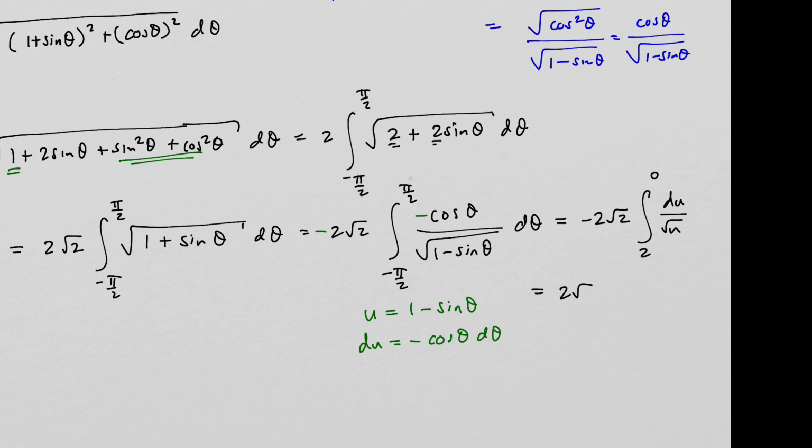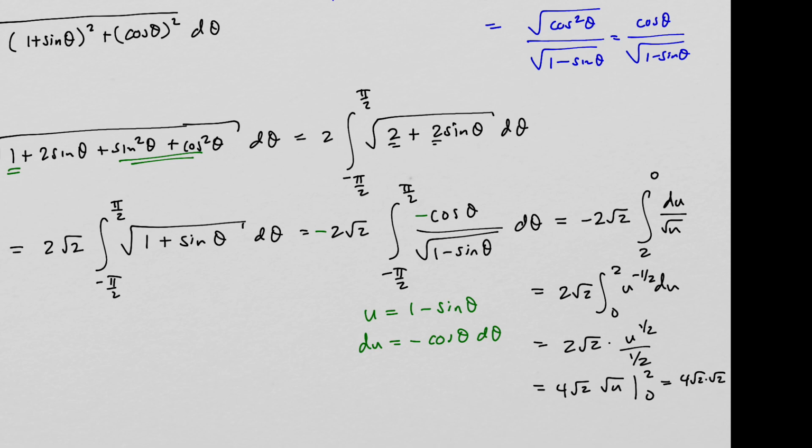And of course, we can switch those around to 0 and 2. Write this as u to the negative 1/2 times du. And doing the math here, we get u to the 1/2 divided by 1/2, which is 4 radical 2 square root of u from 0 to 2, which is 4 radical 2 times radical 2, which is 8.